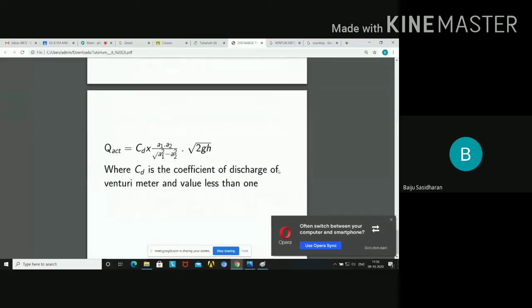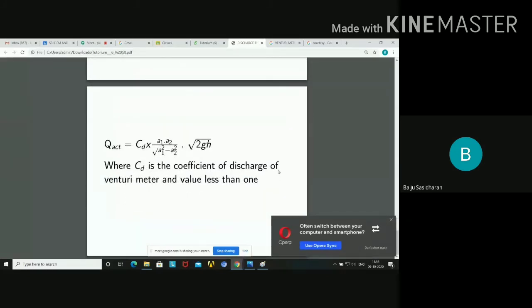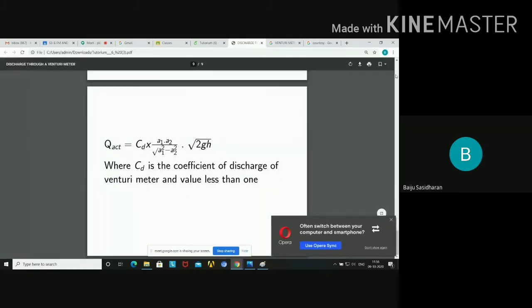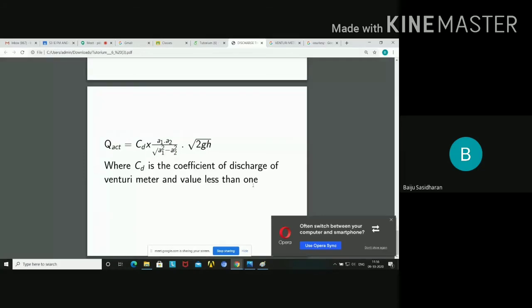The ratio between actual and theoretical discharge is the coefficient of discharge, CD is equal to Q actual by Q theoretical. Therefore, Q actual is equal to CD into Q theoretical, where CD is the coefficient of discharge of a venturimeter and its value is less than 1.